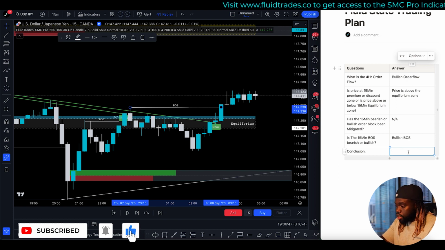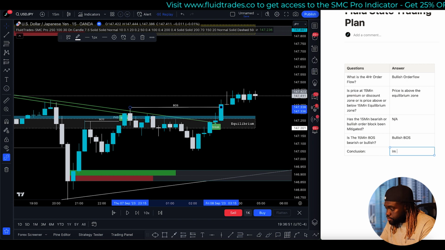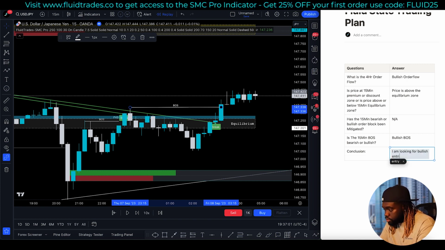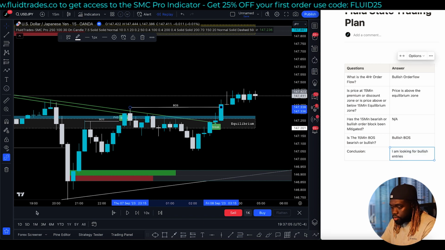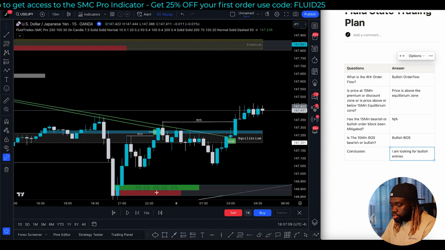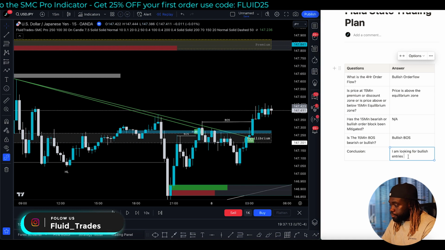This trading plan is: I am looking for bullish entries, right? I'm looking for bullish entries to go test this supply zone and premium zone up here.